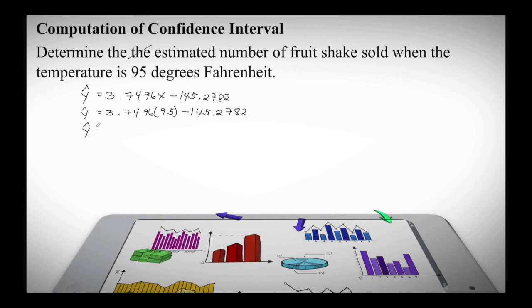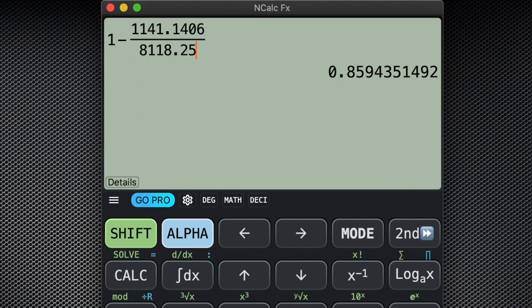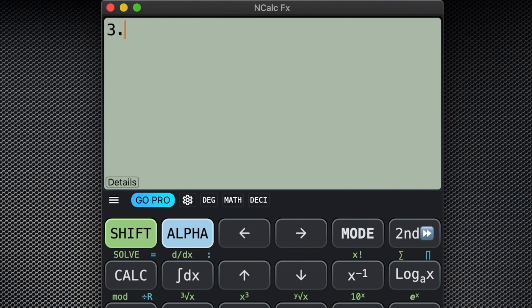Let's go to our calculator: 3.7496 multiplied by 95 degrees Fahrenheit minus 145.2782.